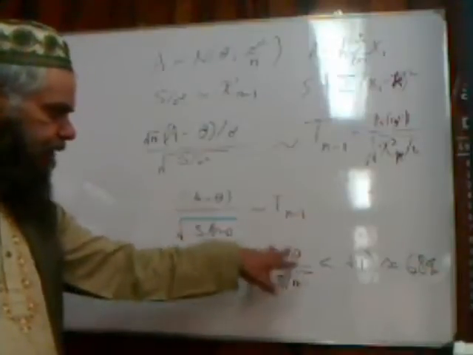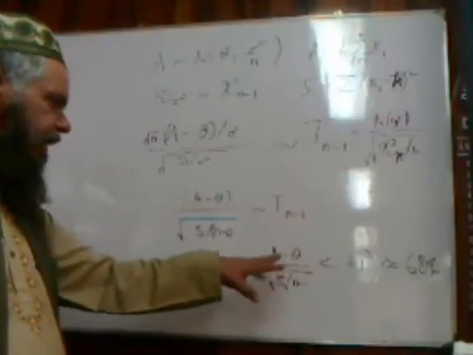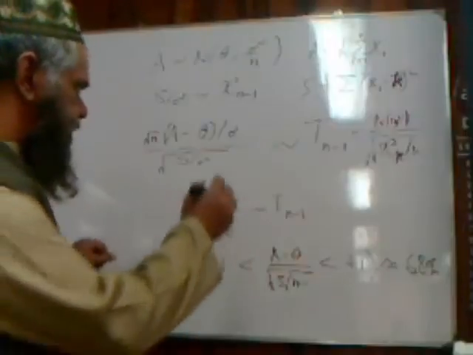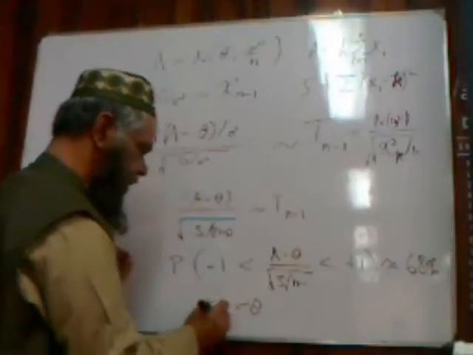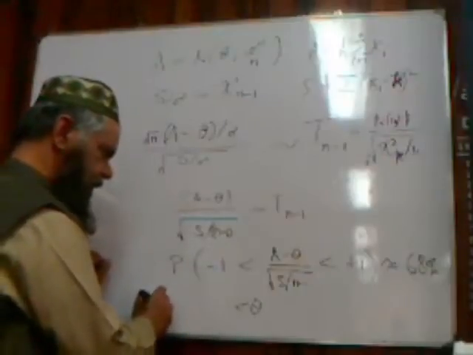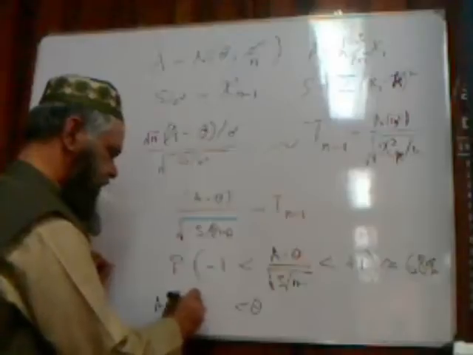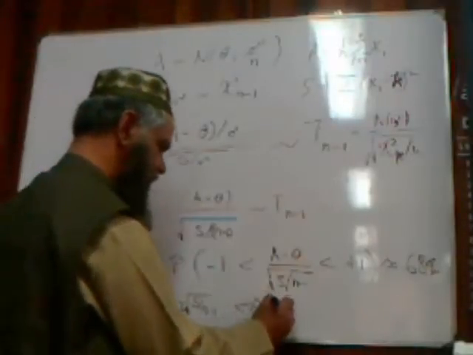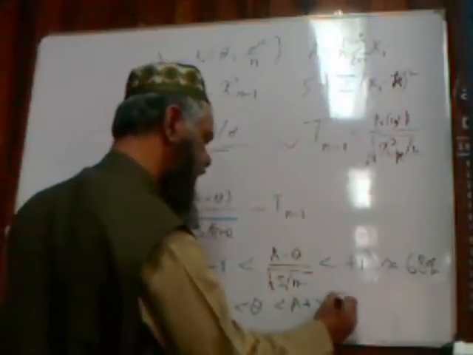So what does this mean? Well, at this point, this is a combination of data and parameters. You can invert this to get that theta will be between a minus 2 square root of s over n minus 1, and a plus 2 square root of s over n minus 1.